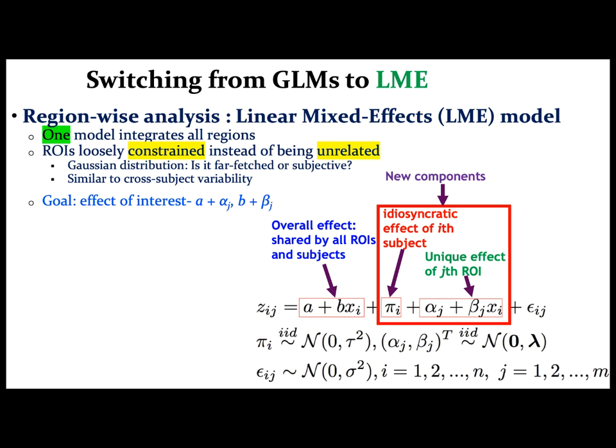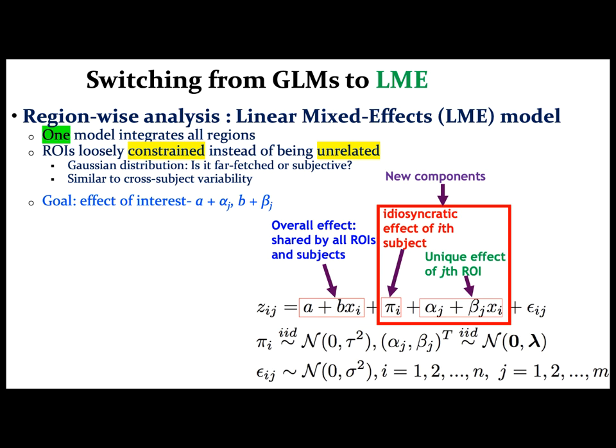So this is what we care about. The fixed effects are shared by all the regions and subjects. What we really want is A plus this for each region. That's a unique part. That's the intercept. For the slope, we want that plus each ROI's unique contribution. That's what we really care about.